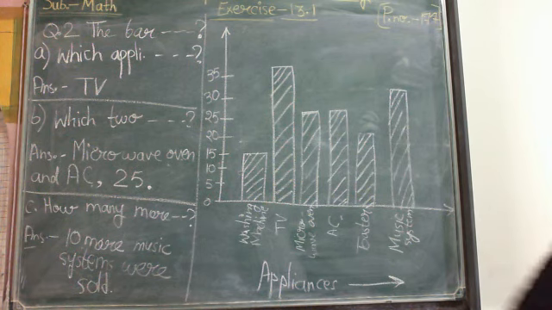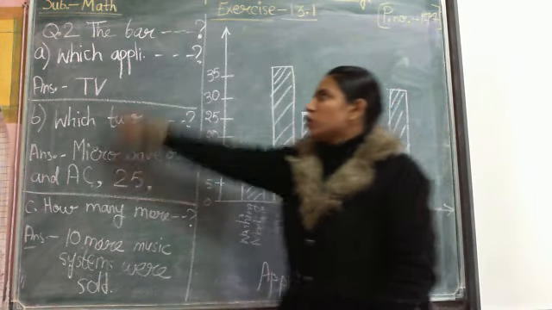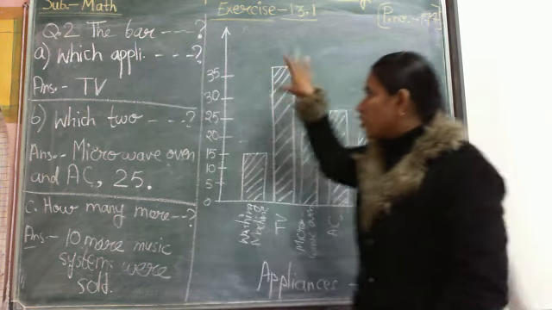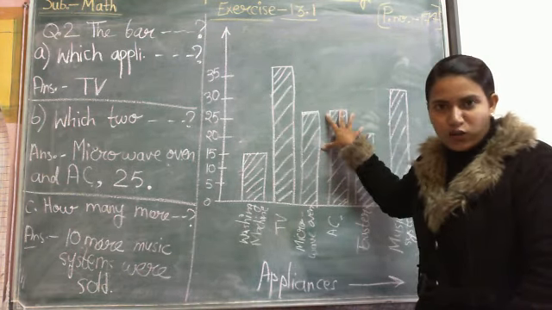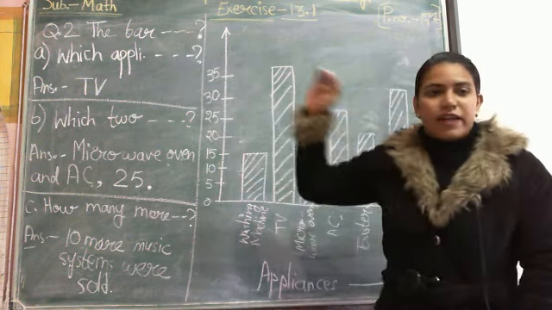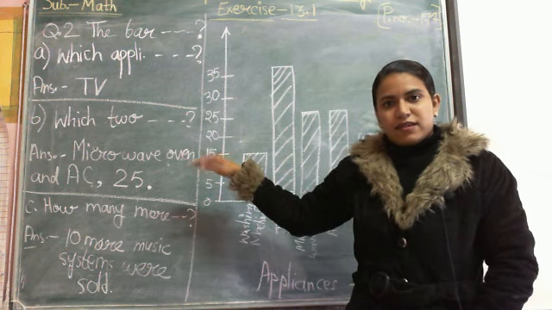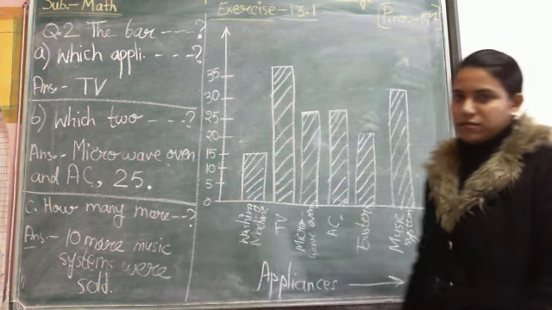I don't have space, so I am solving here, but in the classwork copy what will you do? You will note down the question, then you will note down the bar graph. This bar graph is part of the question. So note down question 2, then draw the bar graph, then write part A and its answer, then part B and its answer, then part C and its answer.